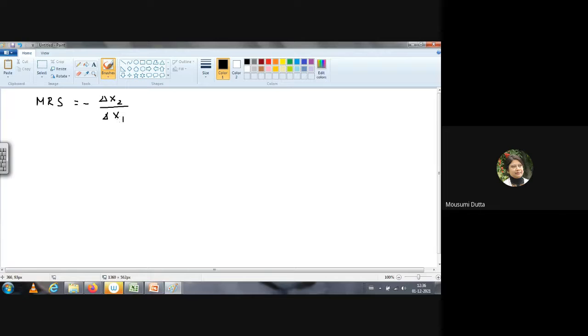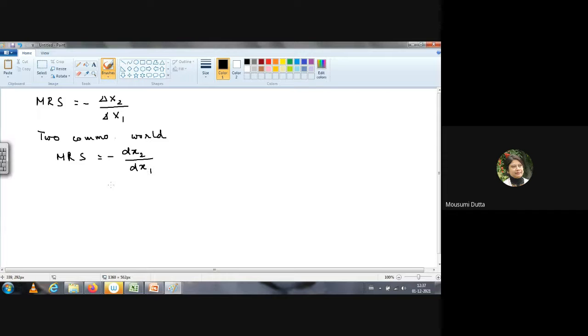This is the marginal rate of commodity substitution, minus delta X2 by delta X1. If it is a two commodity world, we can write, using the standard language of calculus, minus dx2 by dx1.